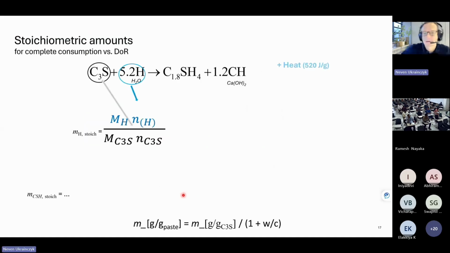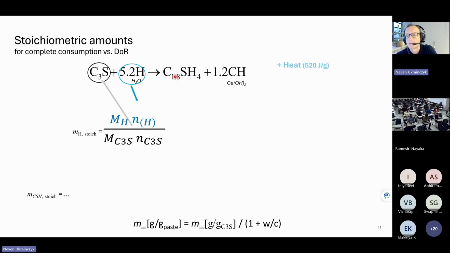So this is our first reaction. We can write it, and it looks very simple when you write it in short cement chemist notation. Here, this is the portlandite, CH, very simple. And we know this is the CSH, calcium silica hydrate. And this is a well-known crystal, which has a well-defined stoichiometry.